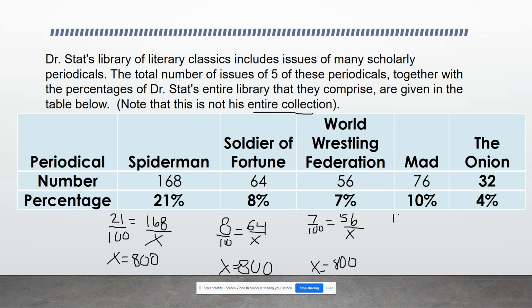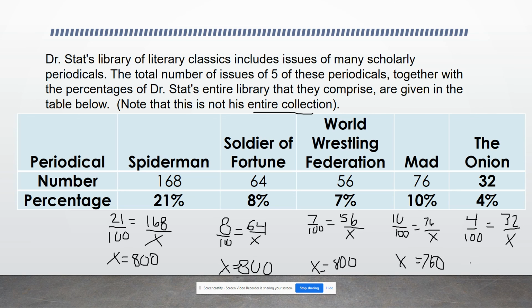Here, this would be 10 over 100 is equal to 76 over x. If I cross multiply, that's going to give me x is equal to 760. And over here, this is 4% out of the 100 is equal to 32 out of x.